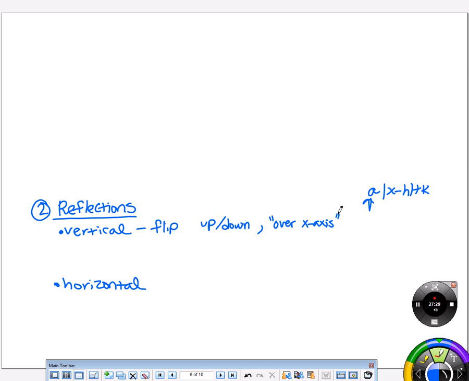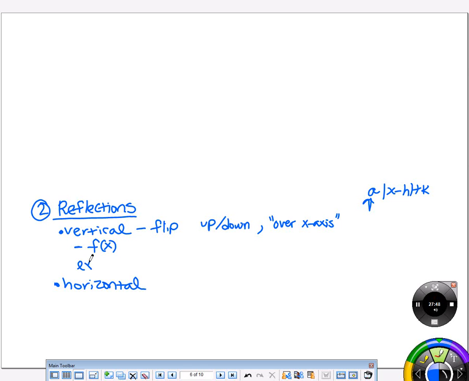Okay? And again, how we see that, the A was negative. A is on the outside of the absolute value bars. So how you know something is a vertical reflection is you have whatever it is, absolute value bars, all this stuff, and you have something negative multiplying in front of it. Okay?